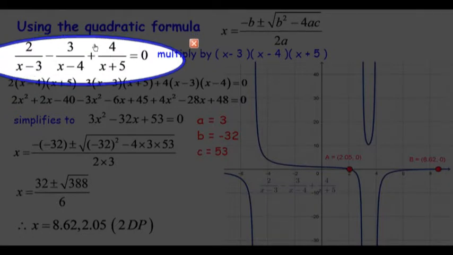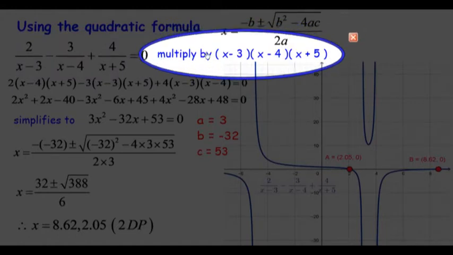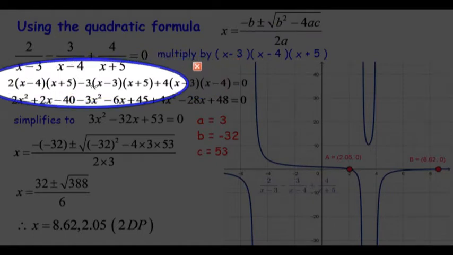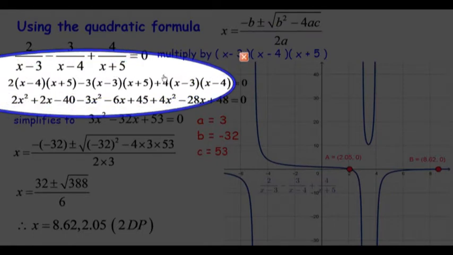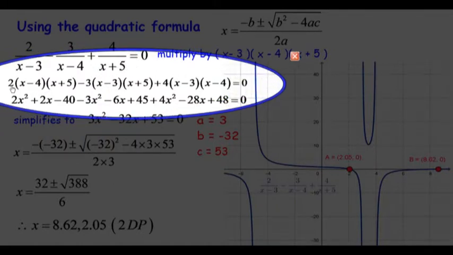If we multiply everything by x minus 3, x minus 4, x plus 5, we should clear all the fractions, and we get a fairly big expression: 2 lots of (x minus 4)(x plus 5) minus 3 lots of (x minus 3)(x plus 5) plus 4 lots of (x minus 3)(x minus 4) equals 0.